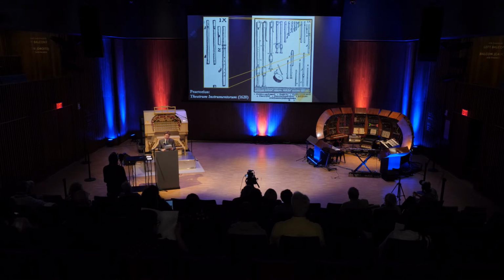Low-pitched consorts were said by Praetorius to be desirable for certain instruments, since they, quote, sound more grave and splendid the lower they are pitched, end quote, resulting in a different and less harsh sound.